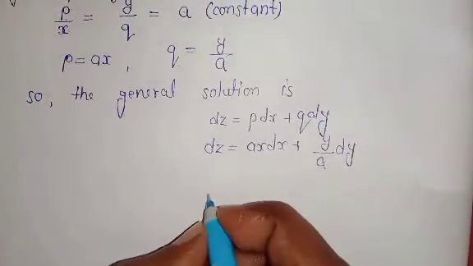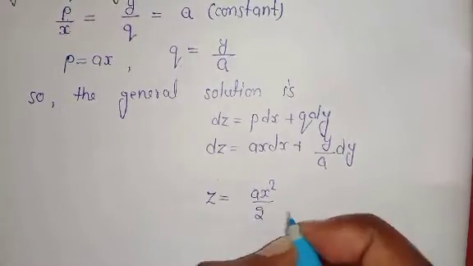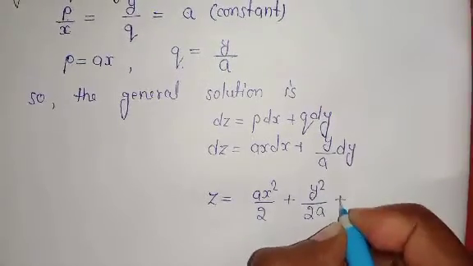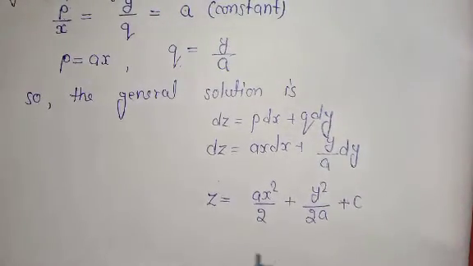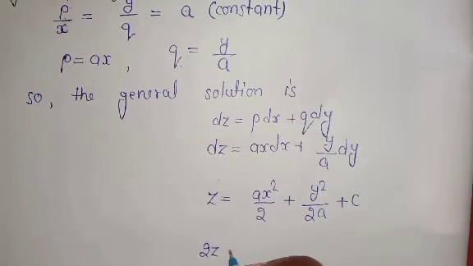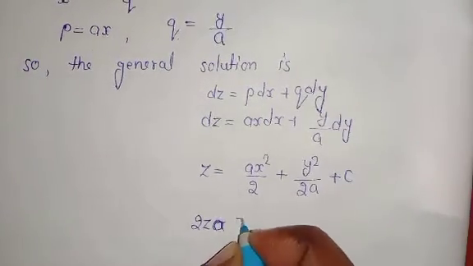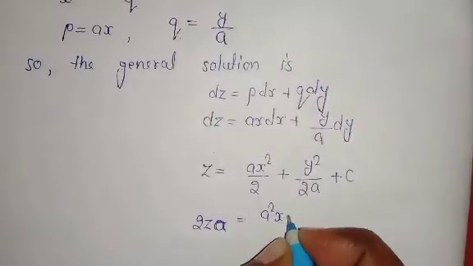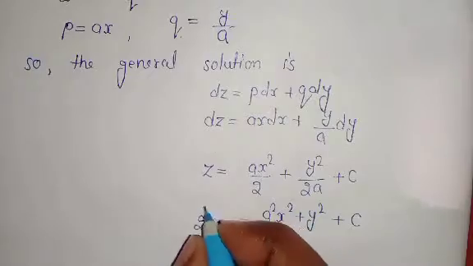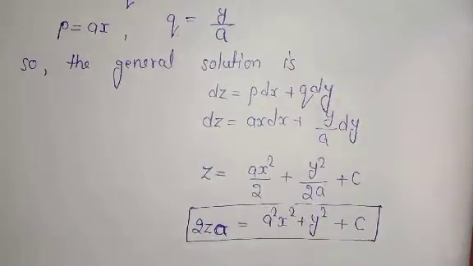If we integrate it, we get z is equals to a into x square by 2 plus y square by 2a plus some integrating constant c. If we simplify this, this becomes 2za is equals to a square x square plus y square plus some integrating constant c. So this is the required general solution for this example.